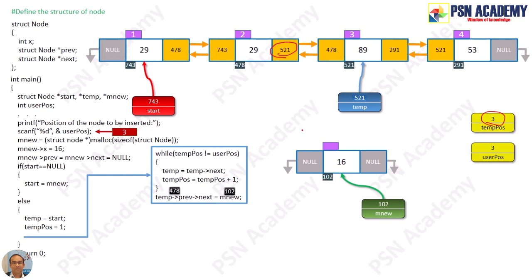Now why are we doing like this? Because we want the new node to be inserted here. That means this pointer, which is pointing to the next node at 521, should point to 102. Right? So this becomes 102 now, and this link breaks and this link is established. Got it?